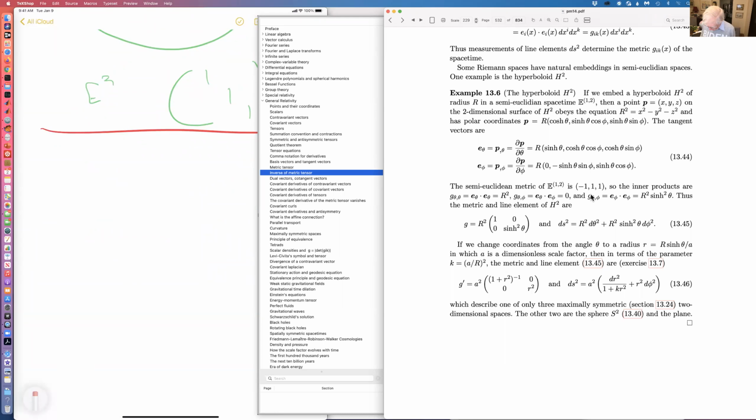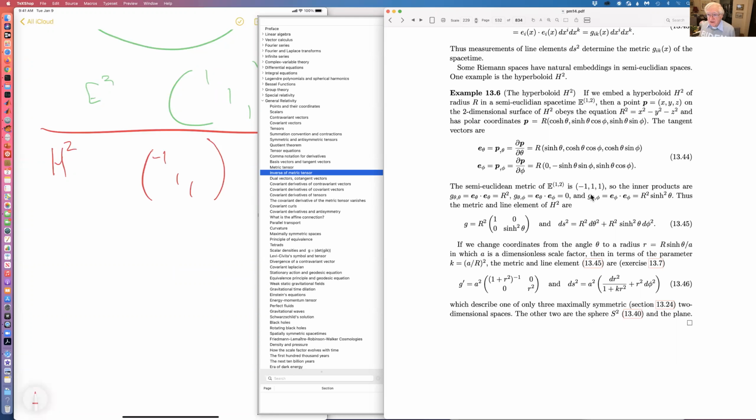If we're talking about H2, the metric now is -1. It's not G, it's the internal metric. I need a symbol for that internal metric, and I don't know what to use. But anyway, the metric is -1, 1, 1, whereas the metric for E3 was this one.